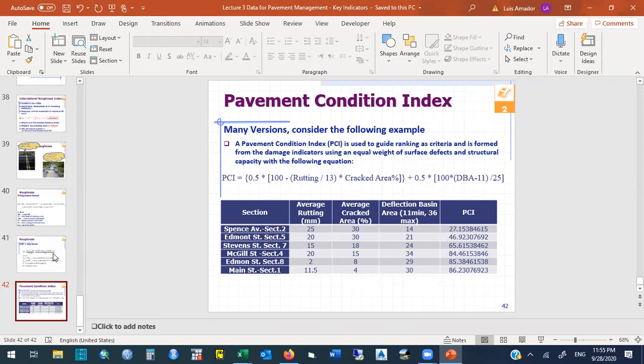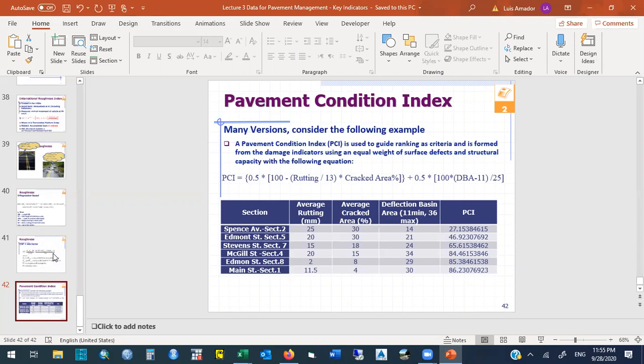So I'm showing an example there, but I can show you a different example if you want. I could combine the IRI and the deflection basin. In this case, I'm combining the rutting and the cracking. And when I combine those two, I obtain specific values.